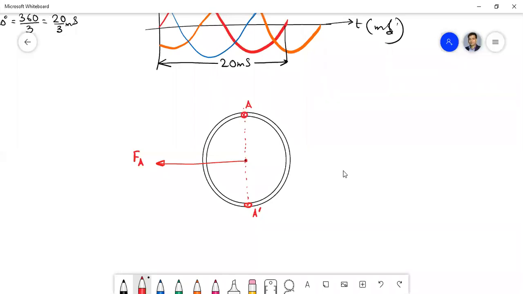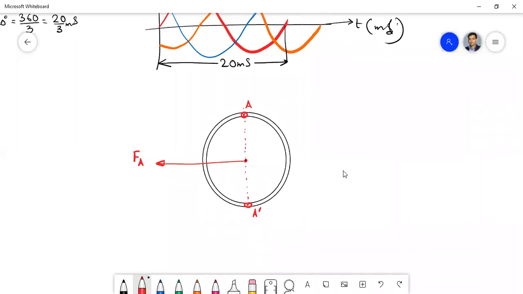Now I have taken a current through this conductor, through the coil. I have asked in which direction the magnetic field will be generated due to this current. This magnetic field direction can be found out by the right hand corkscrew rule.